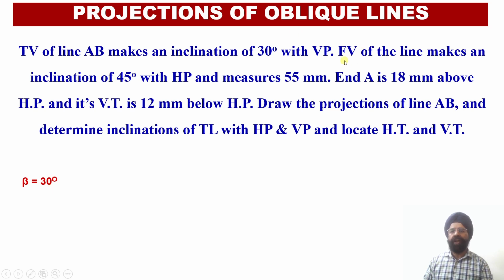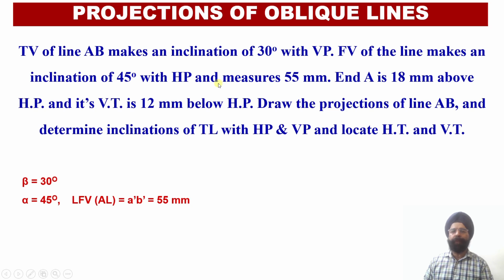Next, the front view of the line makes an angle of inclination with respect to the horizontal plane, and this angle of inclination is 45 degree. That is, we have been provided with the orientation of the elevation projection line A dash B dash with respect to the horizontal plane, that is, angle alpha is equal to 45 degree.